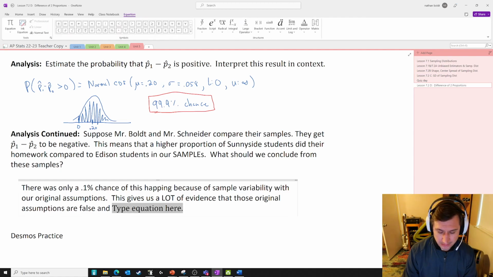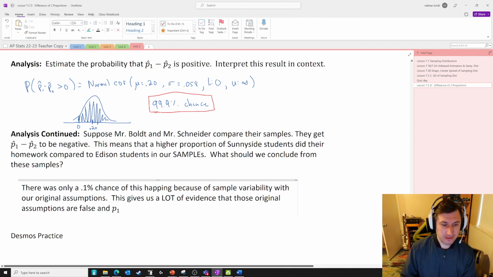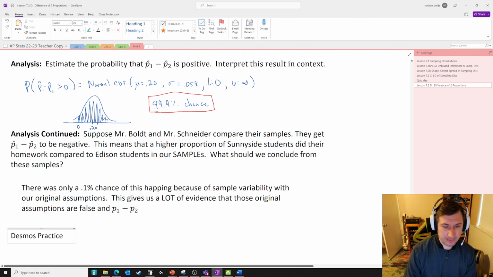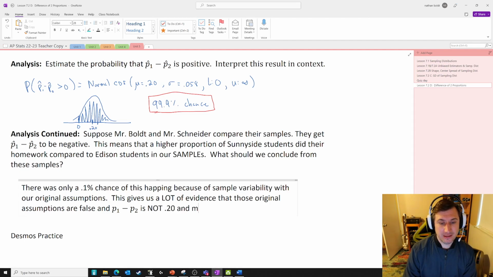And, all right, P1, I'm just going to write hat. I know that P1 minus P2, I don't want the hats, is not 0.20 and must be less.